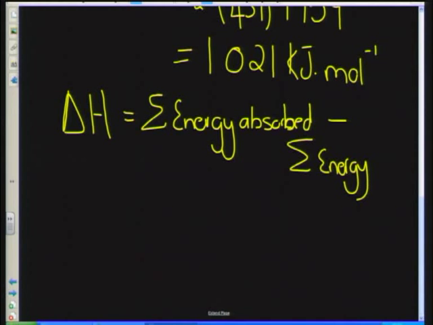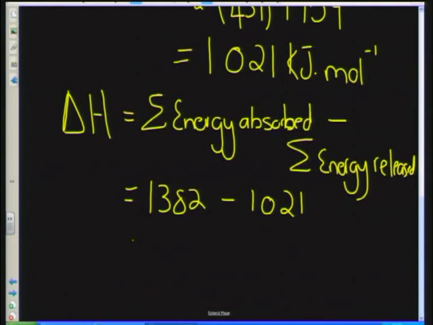That little funny symbol over there, that's sigma. You know that from maths. So that means I'm going to go 1,382 minus 1,021, and I get 361 kilojoules per mole.